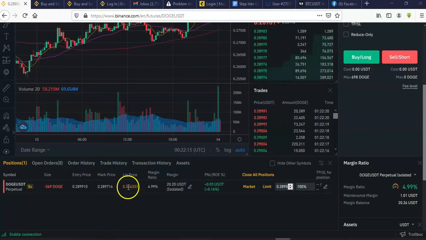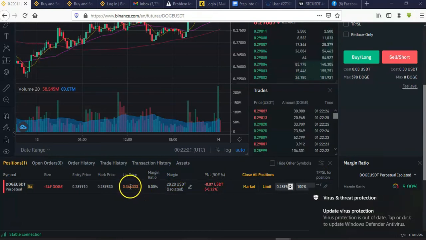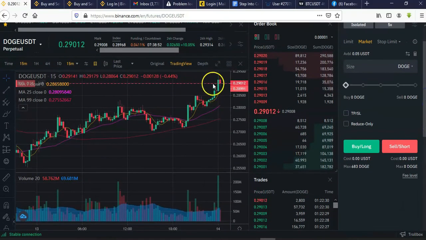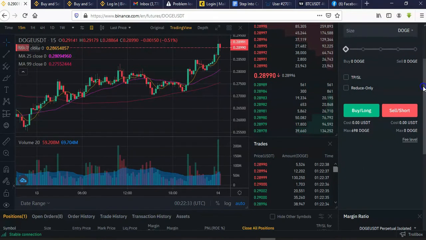That means when the price of Dogecoin goes up to 0.344333, we will be liquidated. When the price goes up to that level, our money will go. But if the price of Dogecoin keeps coming down, we keep making money.